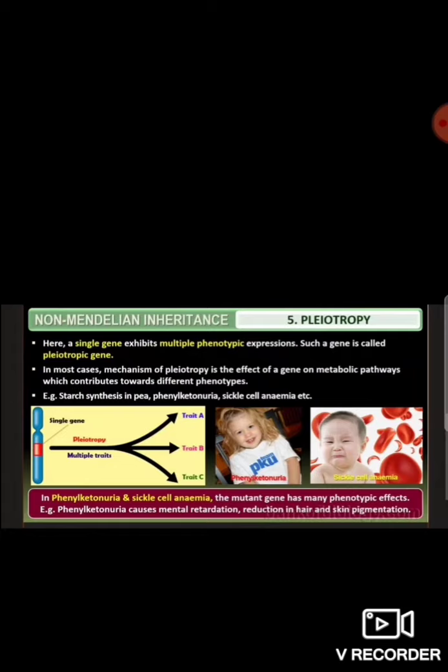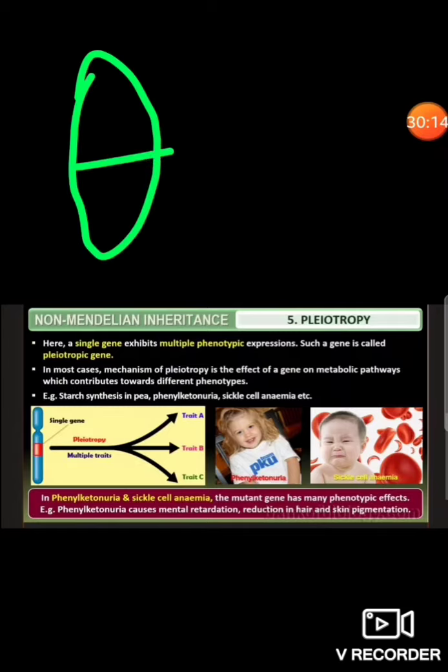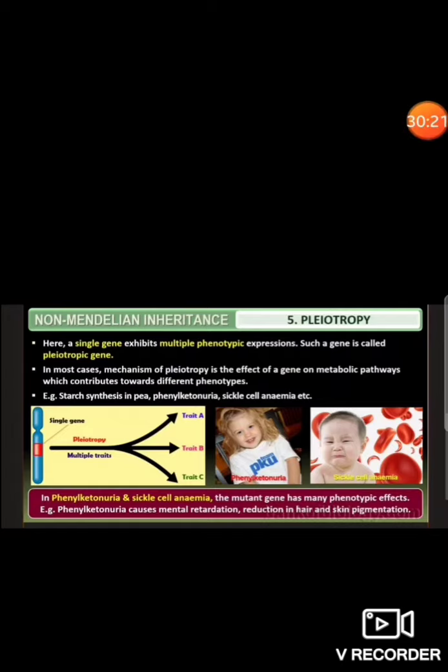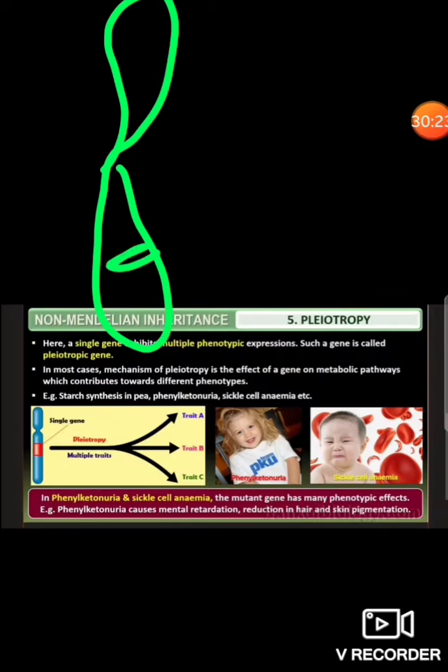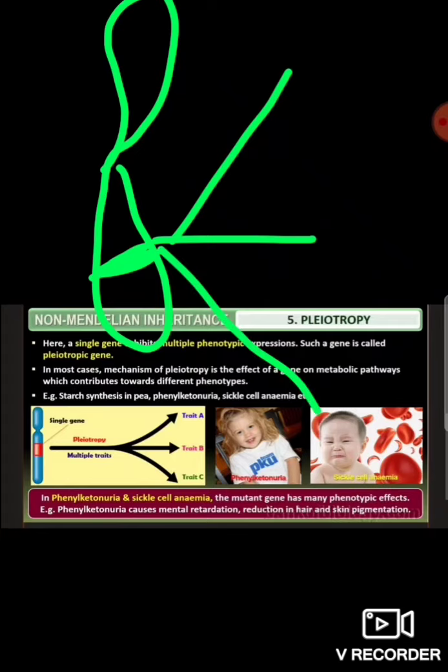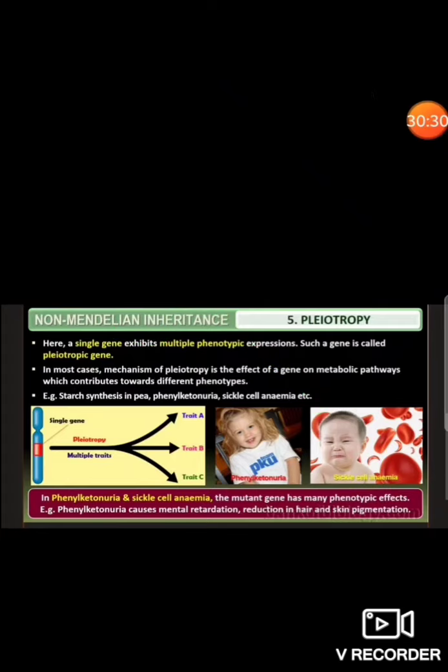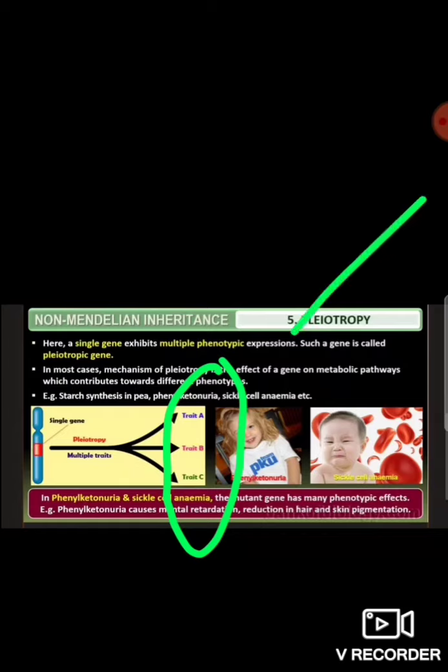Next comes pleiotropy. Pleiotropy is when there is a single gene. A single gene should have how many alleles? 2 alleles. If there is a chromosome, there is one gene here, and this gene should have only one effect. But this gene is showing 3 different effects, 3 different traits. That is why we call it pleiotropy.